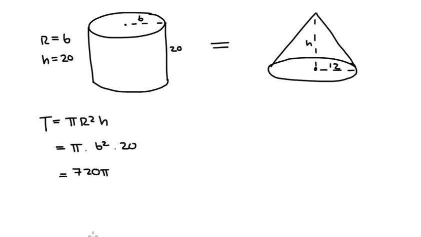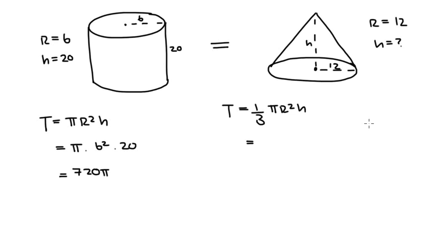The next part of the question asks us to find h. So we're using the fact that we know that the volumes are equal. So again, I start off by writing in the formula for the volume of a cone. Again, this is in the log tables. So we have 1 over 3 pi r squared h. For the cone, my radius is 12, and we're looking for the height.